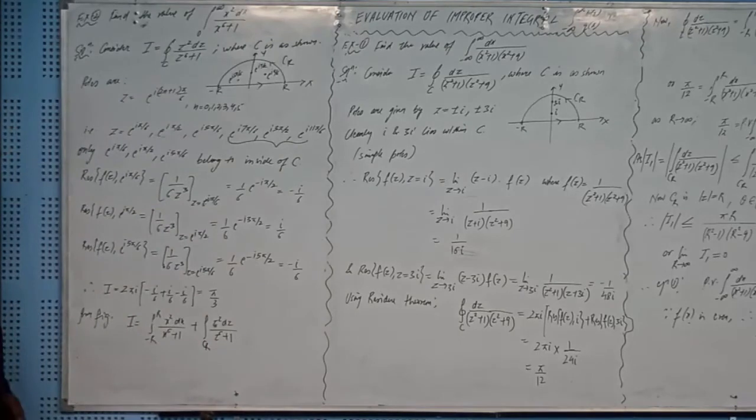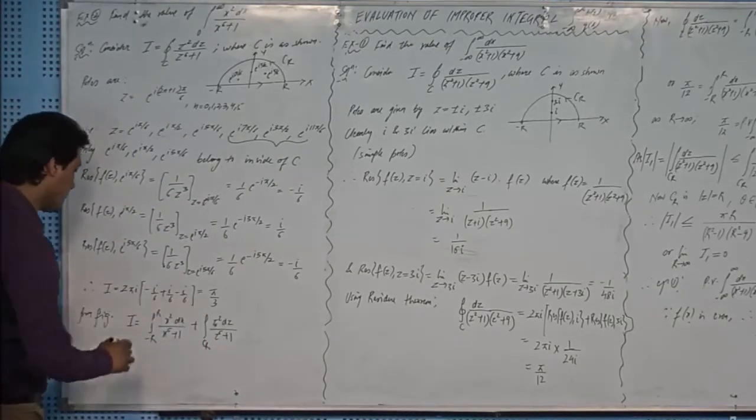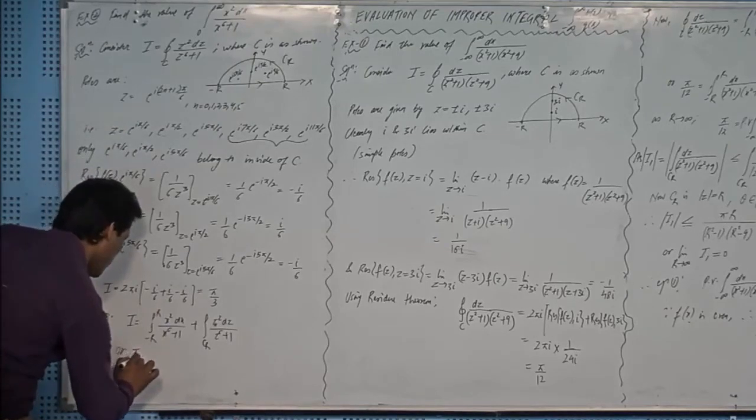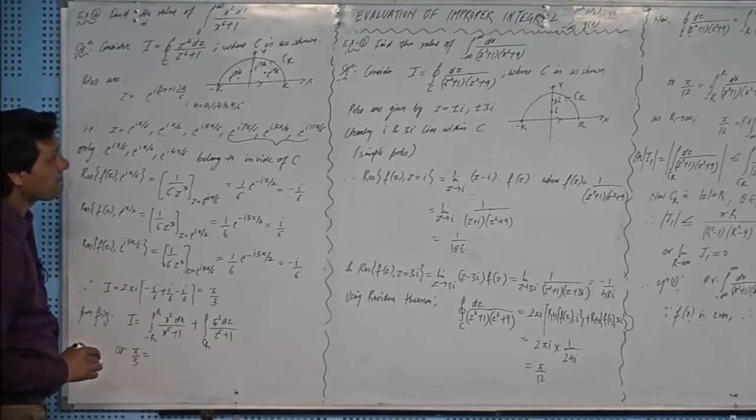Similar to the earlier one, I plug in that the value of I is pi by 3, and I approach r tends to infinity.